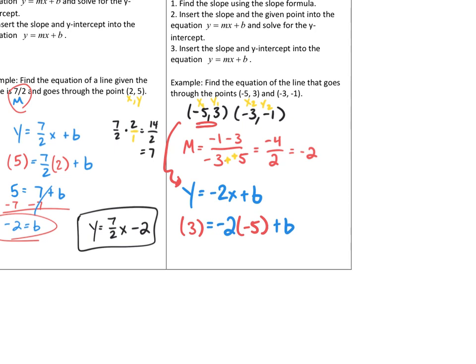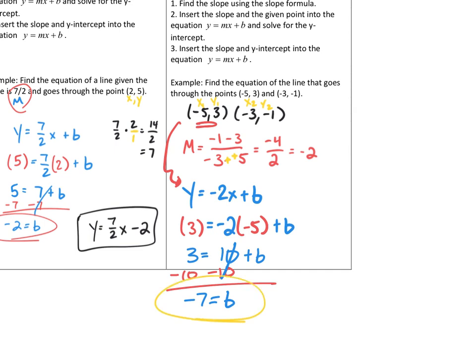Then, just like before, we want to simplify. So you would get 3 equals -2 times -5 is positive 10 plus b. Then to move that 10, you have to subtract it, and you end up getting -7 is equal to b.